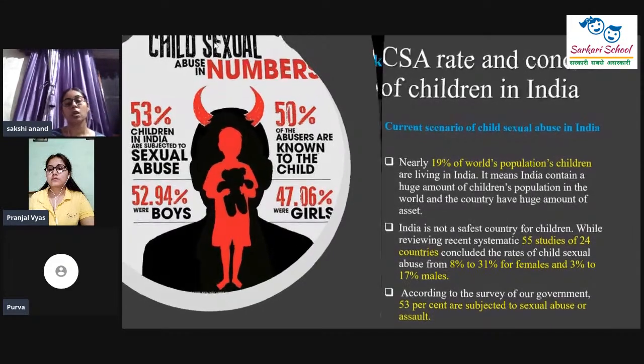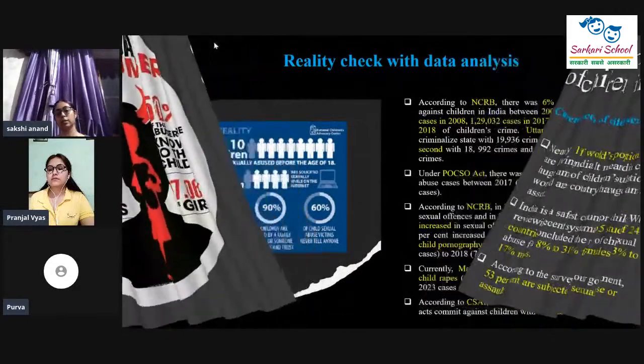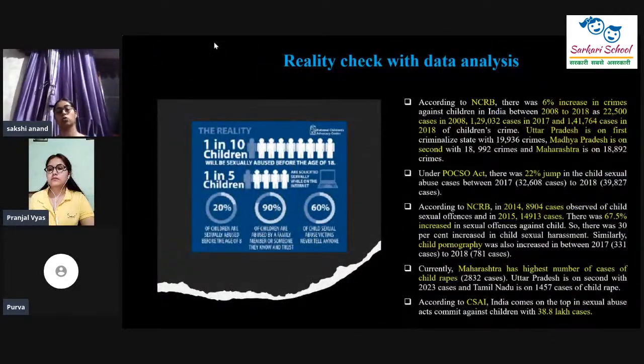And second, we target the data analysis to show the actual ground reality of this offense, you can say. According to NCRB, there is a 6% increase in crimes against children from 2017 to 2018.